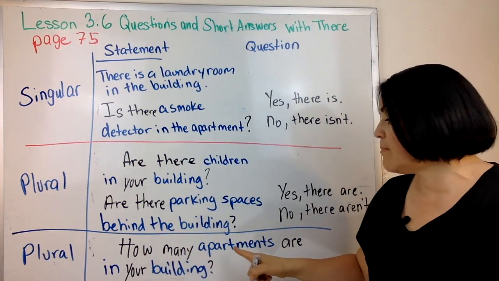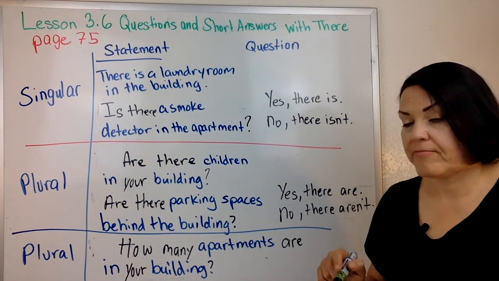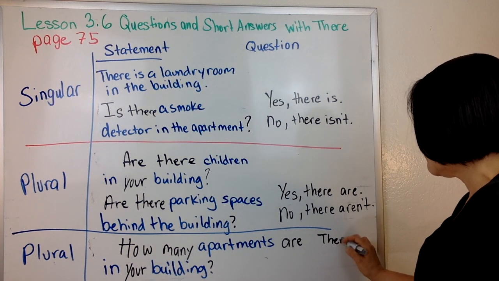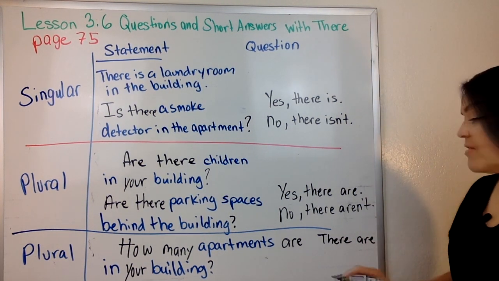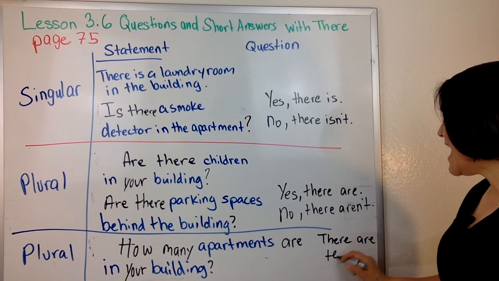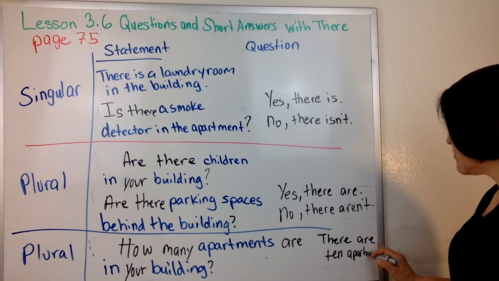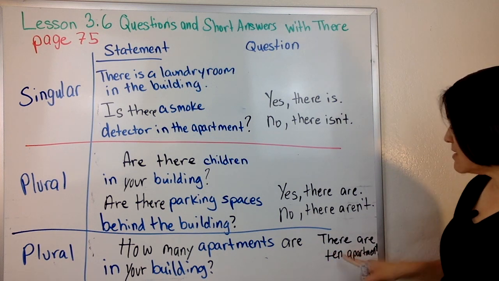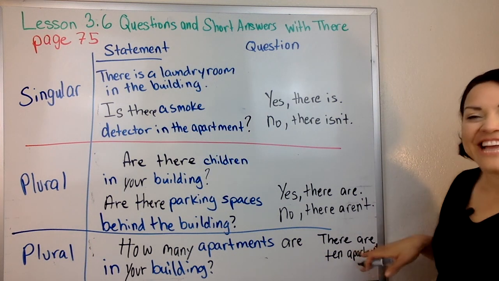So it's how many apartments are in your building? So the answer to this would be there are, and you must give a number. There are 10 apartments. Okay, that's the shortest the answer can be. There are 10 apartments. Sorry. Okay, running out of room.